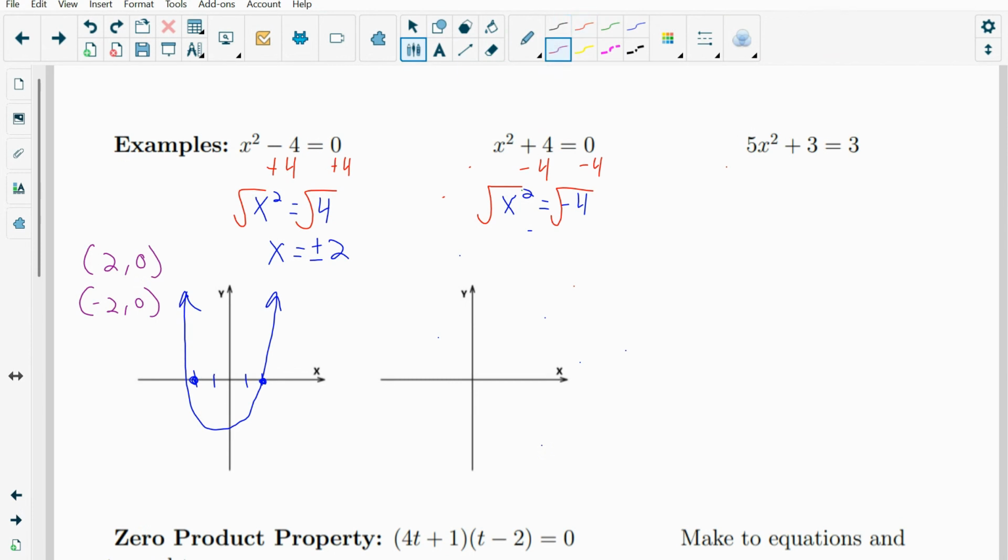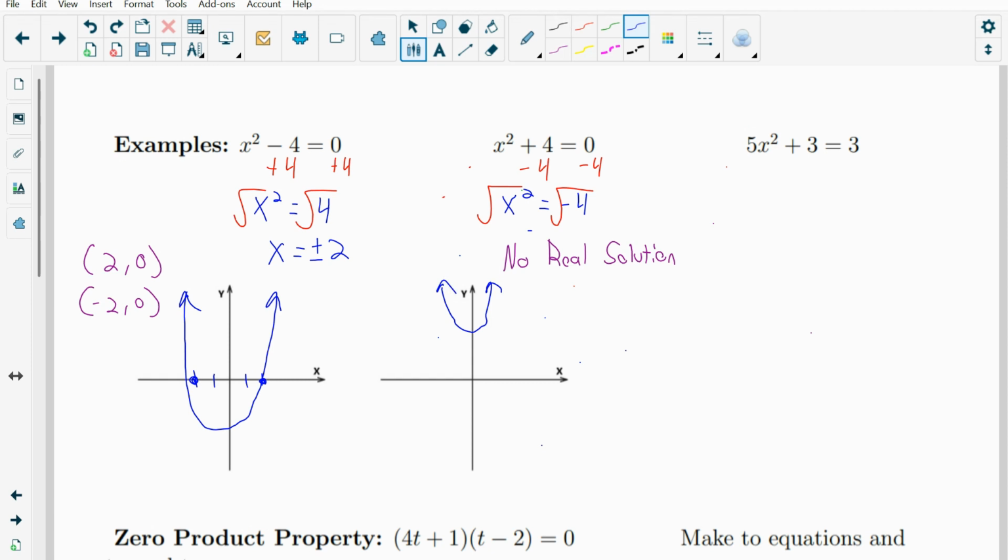Since I'm taking the square root of a negative number, I will not get a real solution. So what you would write is no real solution. That means that your graph is going to look something along these lines because our parabola will never cross the x-axis.